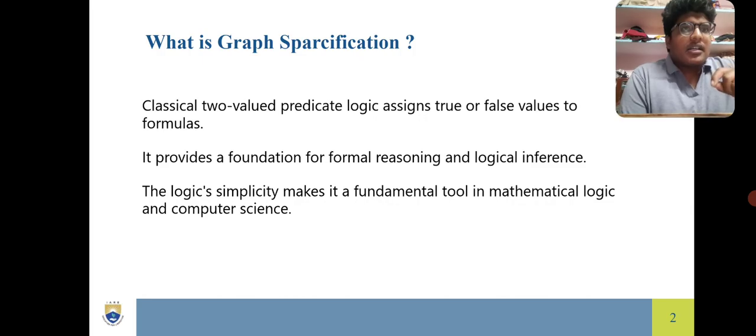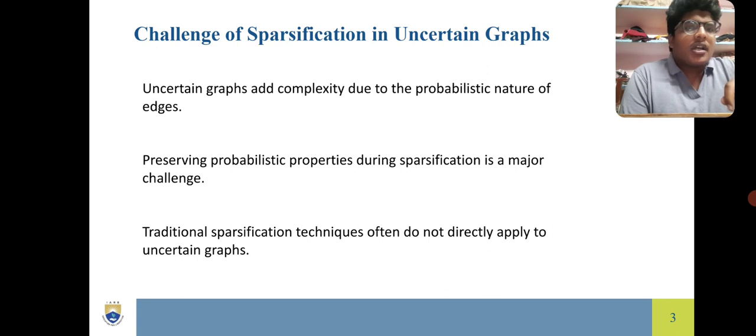Next, the topic is the challenge of sparsification in uncertain graphs. Uncertain graphs add complexity due to the probabilistic nature of edges.